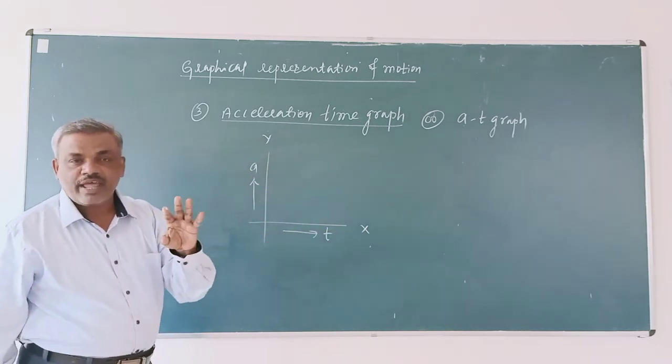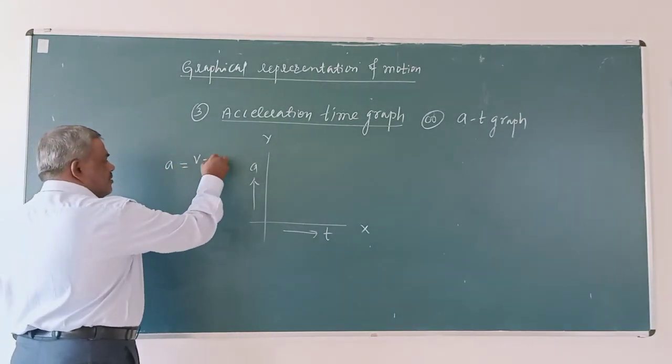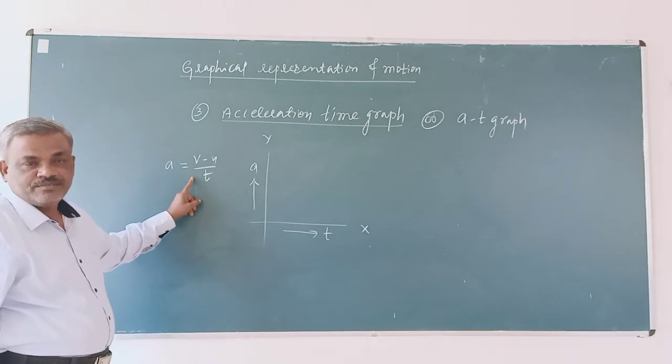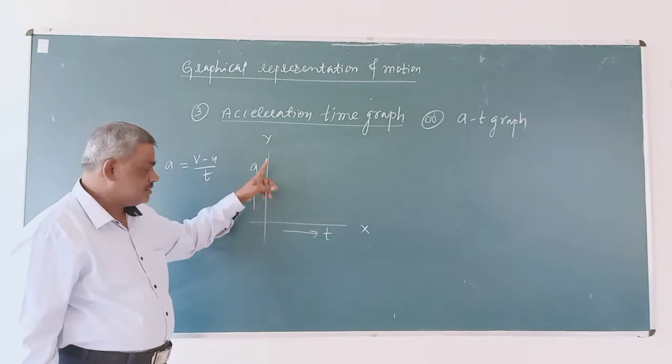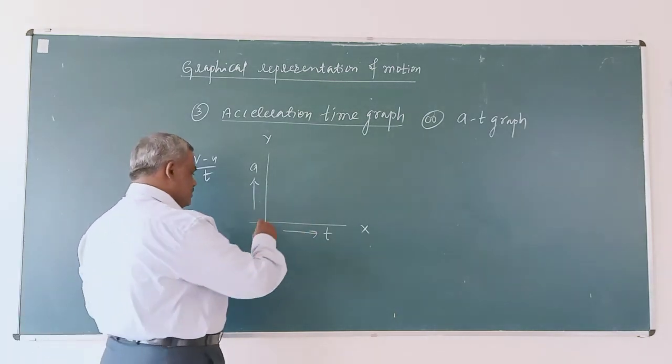How to calculate acceleration? Acceleration equals change in velocity by time. A equals (v minus u) by t. So acceleration is taken along the y-axis, time along the x-axis. Now you get the graph.